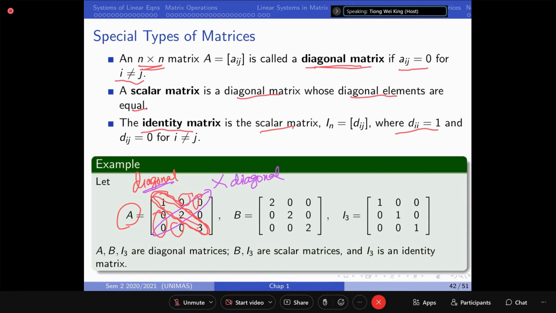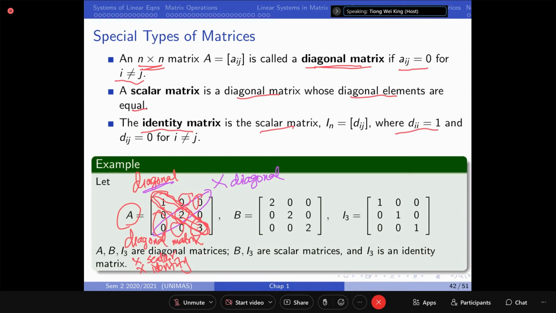So A is a diagonal matrix, but it is not a scalar matrix, and it is not an identity matrix, because this is not 1 and this is not 1.